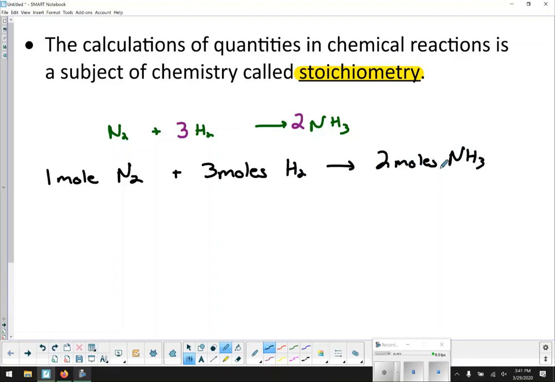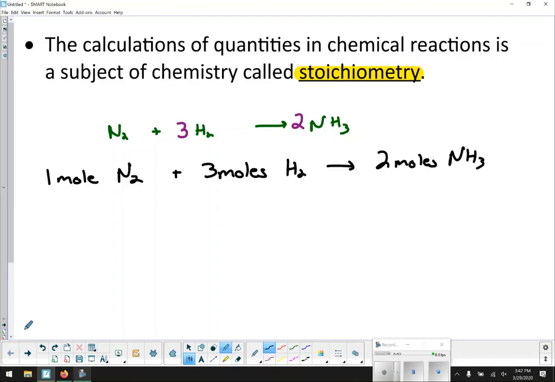And here's why that's important. From moles, we can get to things like grams, or liters, or even number of particles. We know how to do those conversions, or at least we did several weeks ago. We may have to brush up again.